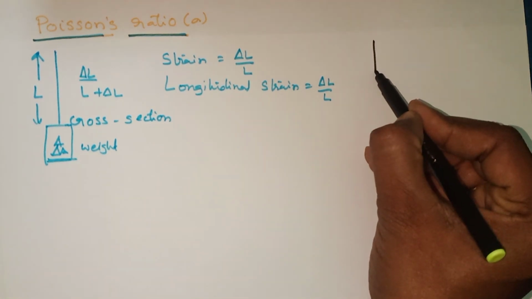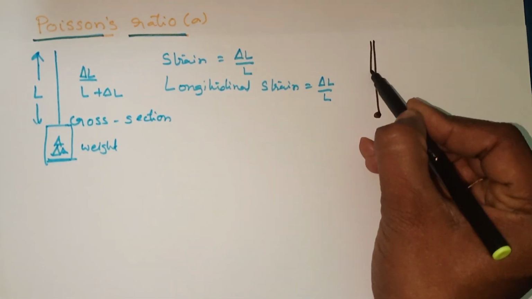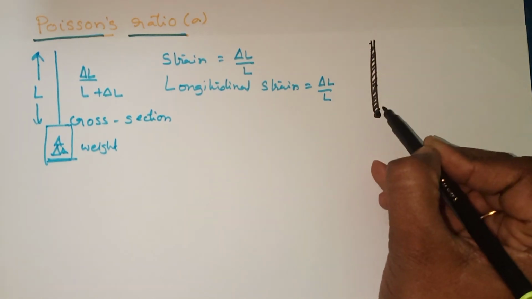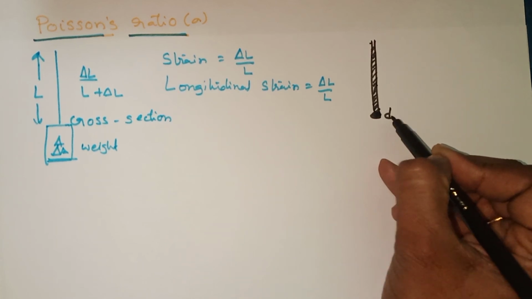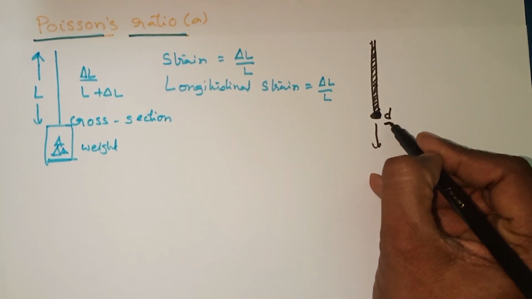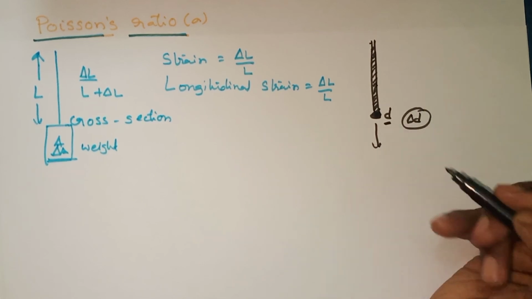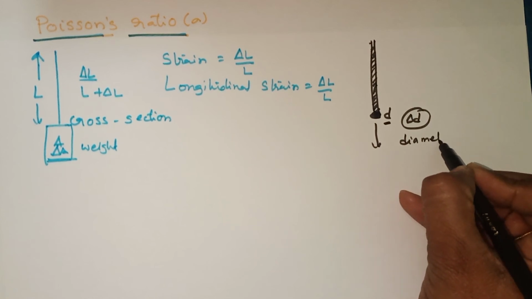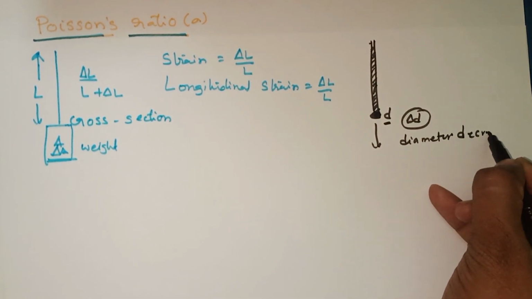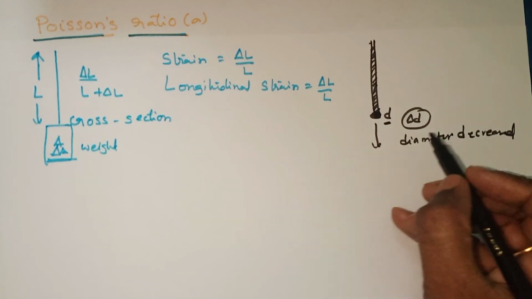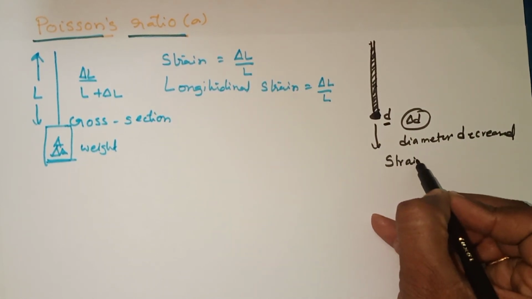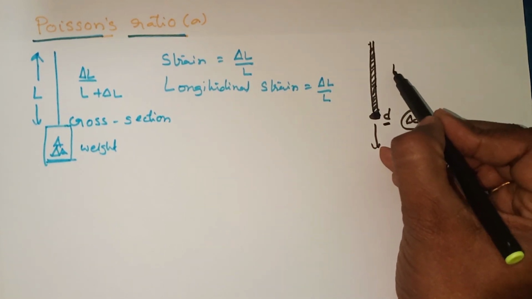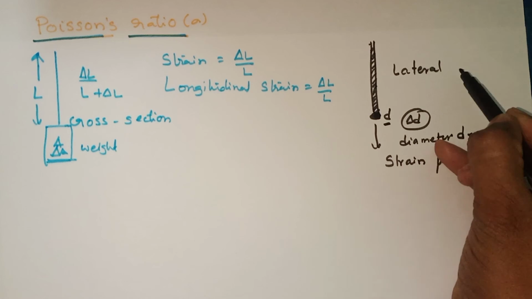If this is a wire, this is the original diameter D. Now what happens on applying force? Delta D is a decreased value, indirectly saying the diameter decreased. The strain produced here is called the lateral strain.